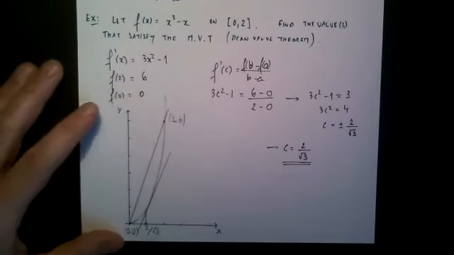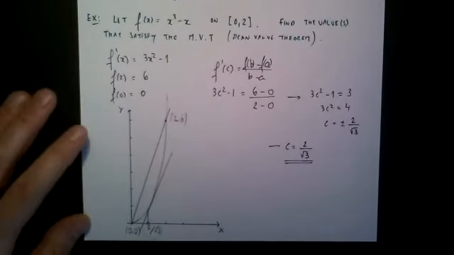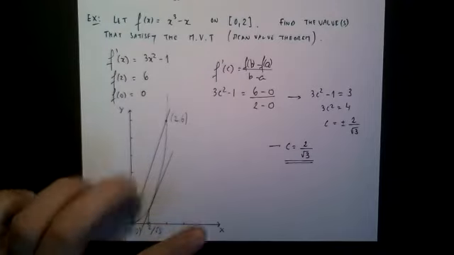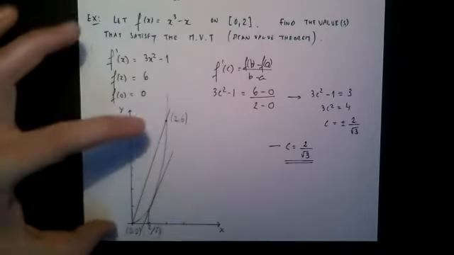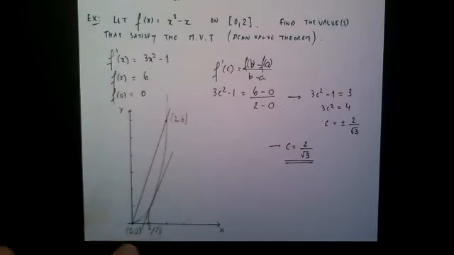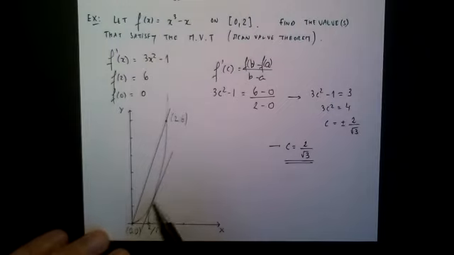So if some of you are doing physics now, if you do mechanics, you know that if this is a position time graph, this slope would be the average velocity between 0 and 2 seconds. I'm sure you've done this, and this would be right. And the slope of this line would be the instantaneous velocity at 2 over root 3.